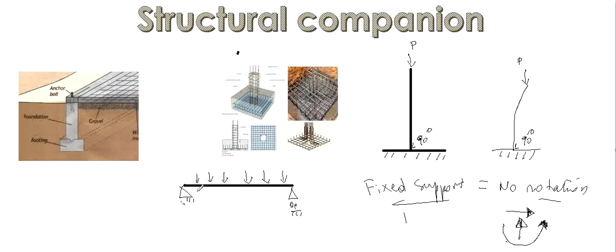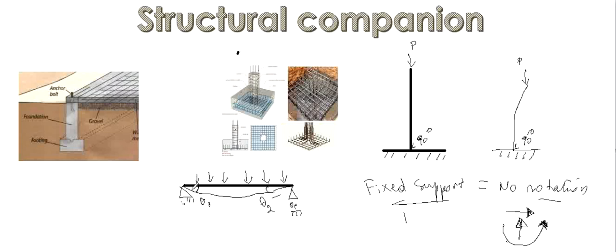Now, after applying the load, what will happen is we have a deflection. The deflection means this beam will deform like this. It means there's a rotation here. Let's say this rotation is called theta 1, and this is another rotation which is called theta 2.